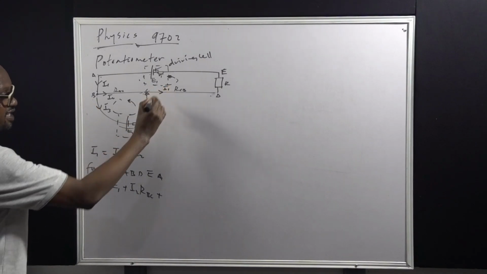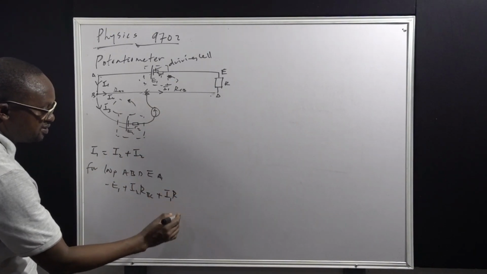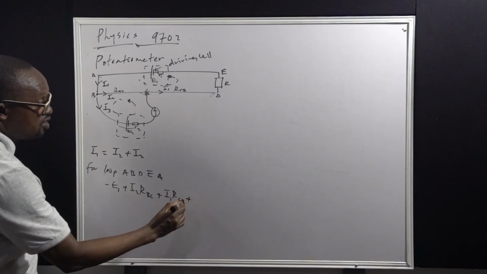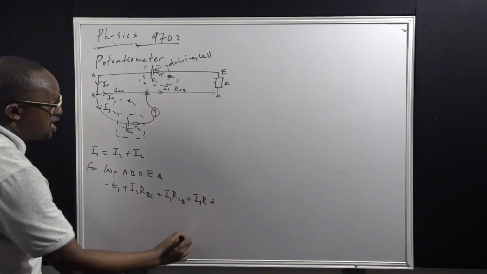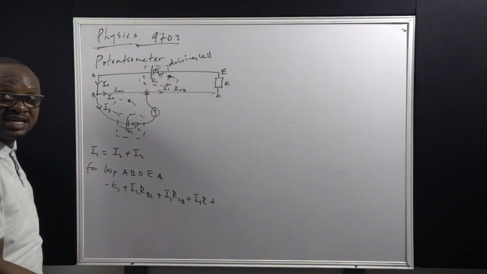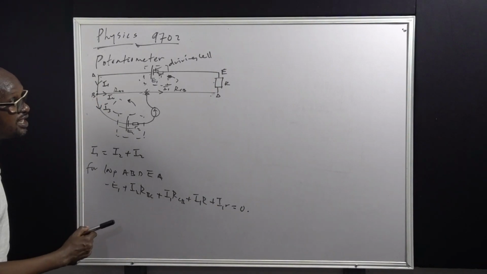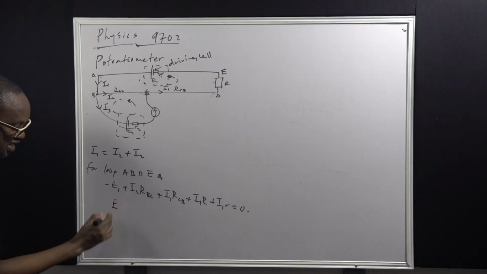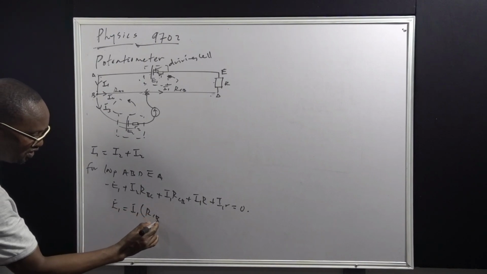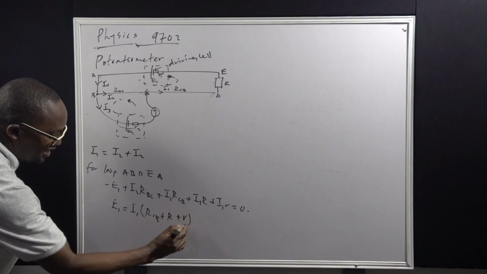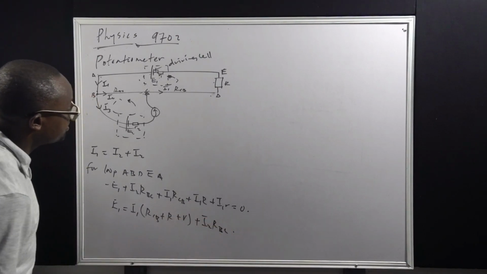So the current leaving is I1. So the PD across this becomes I1 times the resistance of CB, plus the current through this resistor I1 times R, plus the PD across the internal resistance, which is I1 R1, is equal to 0. If you take the EMF across the coefficient, that becomes E1 equals I1 into resistance of CB plus R plus the internal resistance, plus I2 resistance of BC.